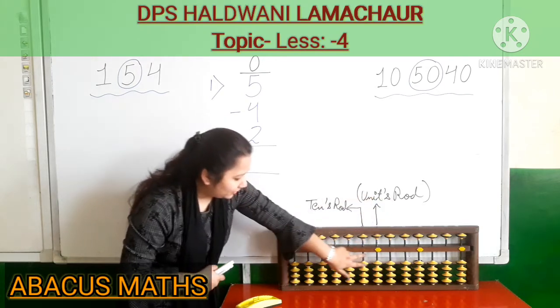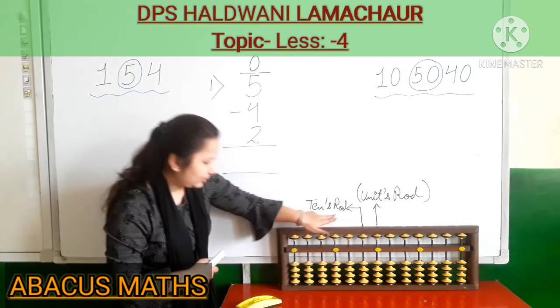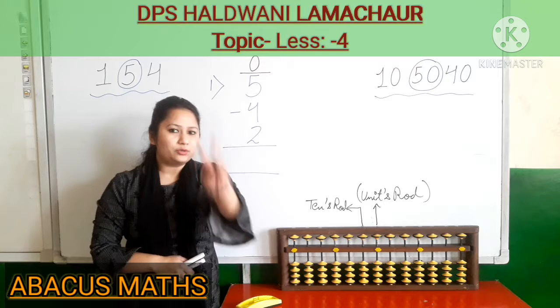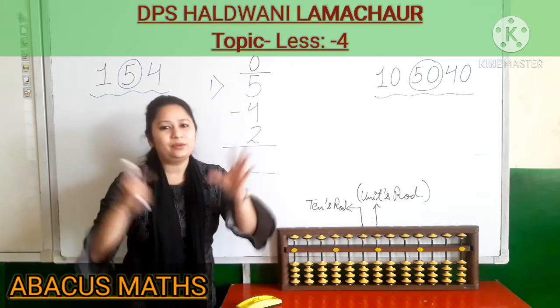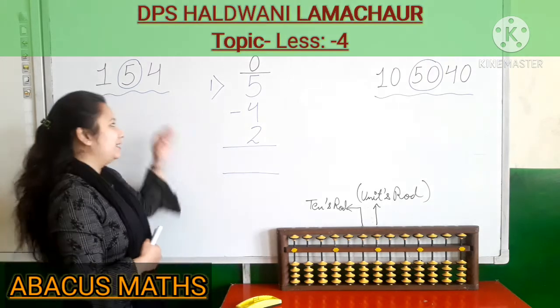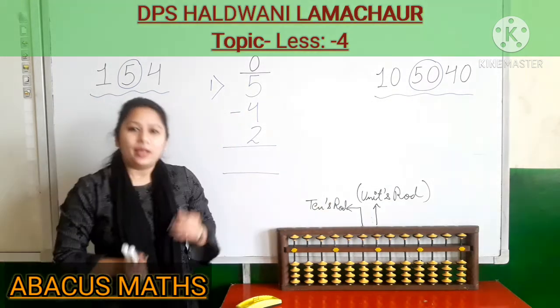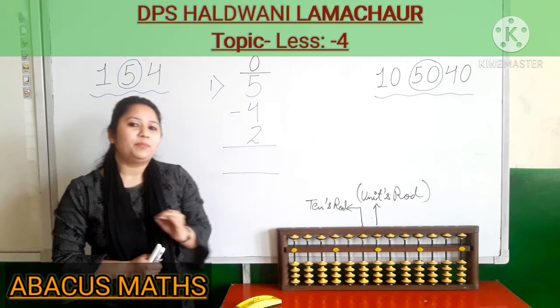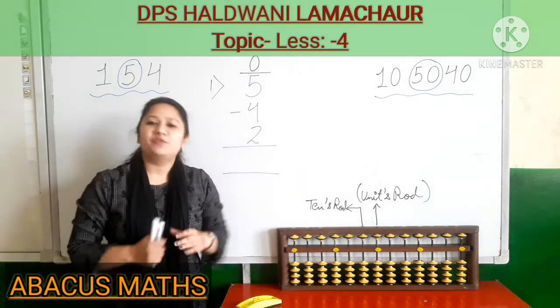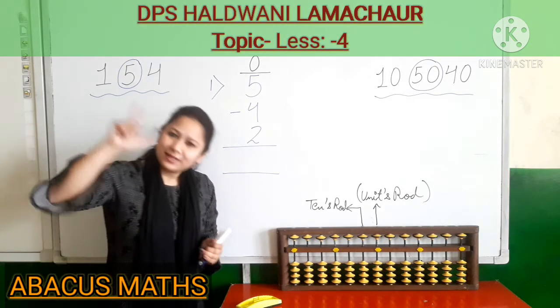Just besides the mid dot rod, this rod is called the tens rod. And in these two rods only we do our calculations. So kids, let's start putting all these numbers in this tool. I hope you remember that for adding we put the beads up and for subtracting we put the beads down.